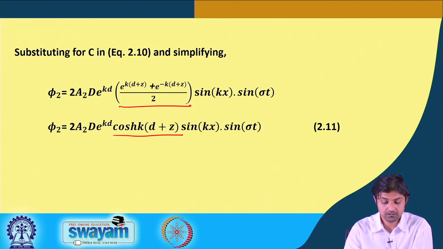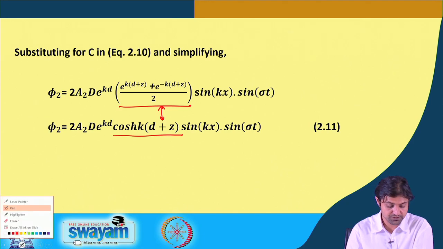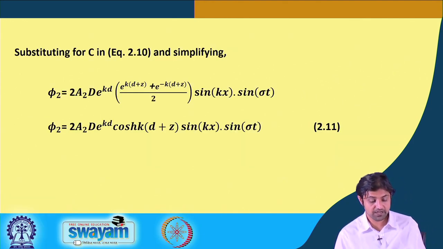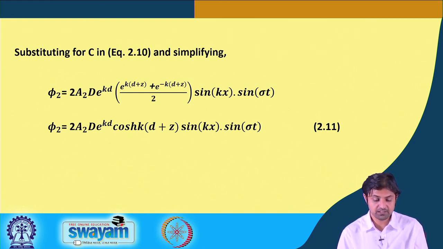All right, simple trigonometry. So, we have got phi 2 is 2a2 d e to the power kd cosh k(d plus z). So, we are left with a2 and d for now.